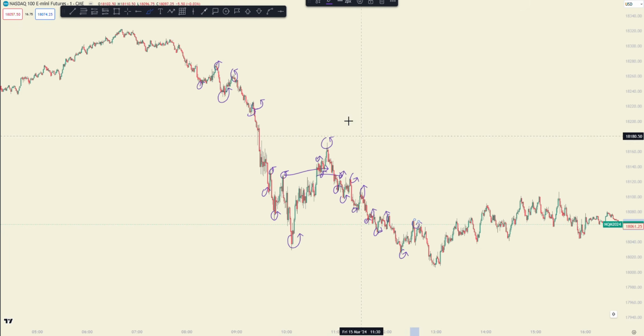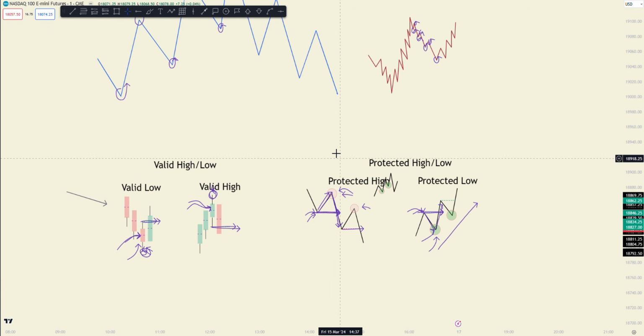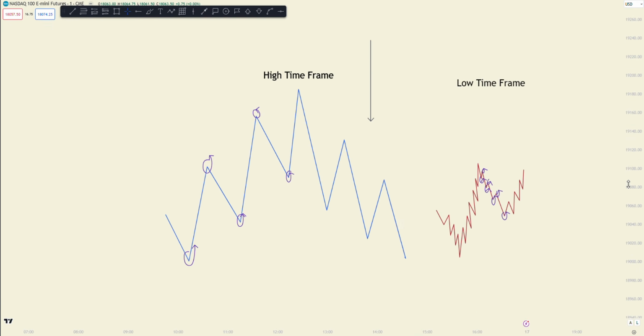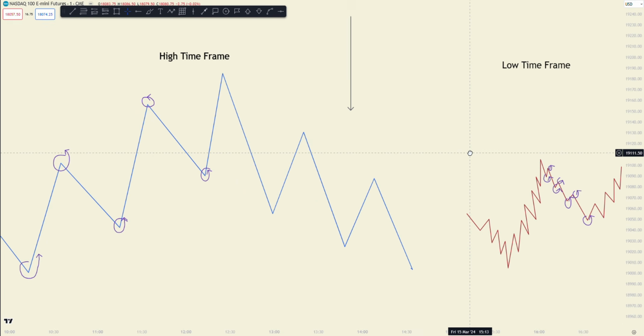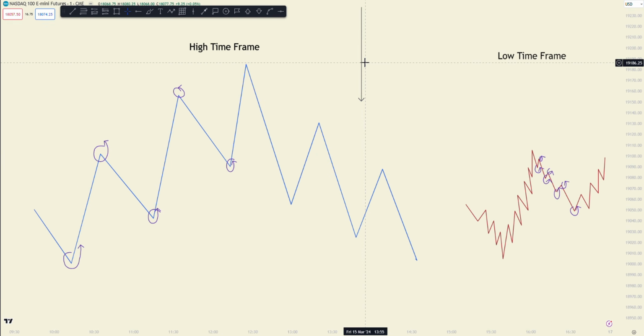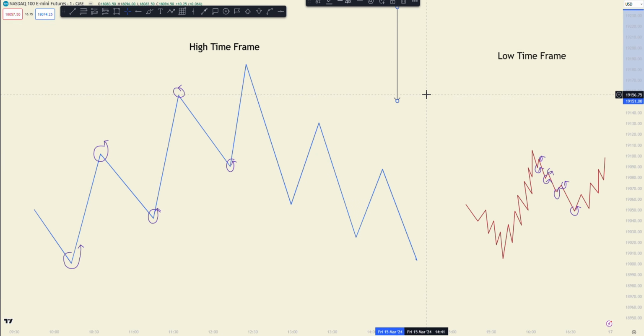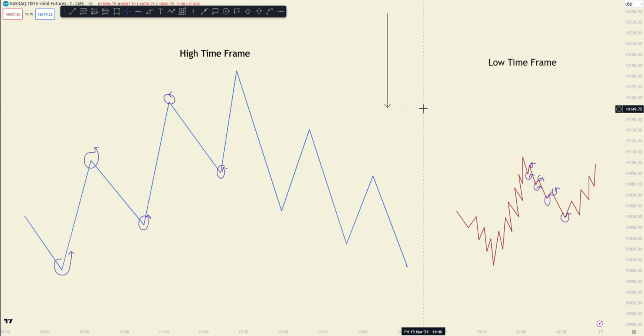Now, the key is that we need to track on both time frames. Okay? That is why we're here. We need to track on both time frames. It's not enough to track on one time frame. Just your 1 minute or your 12 minute, or your 1 hour and your 5 minute, whatever structure you decide to use.